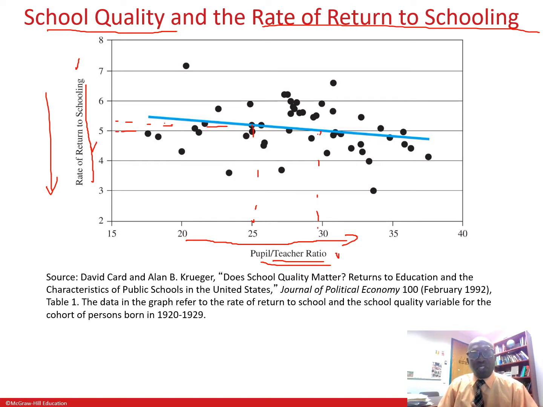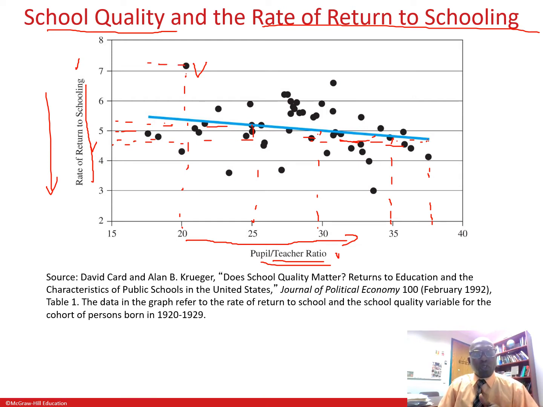If the class size is 35, the rate of return is only 4.8%. And if the class size is say 37, the rate of return is 4.7%. For instance, we have an outlier here where the class size is only 20 students per teacher.